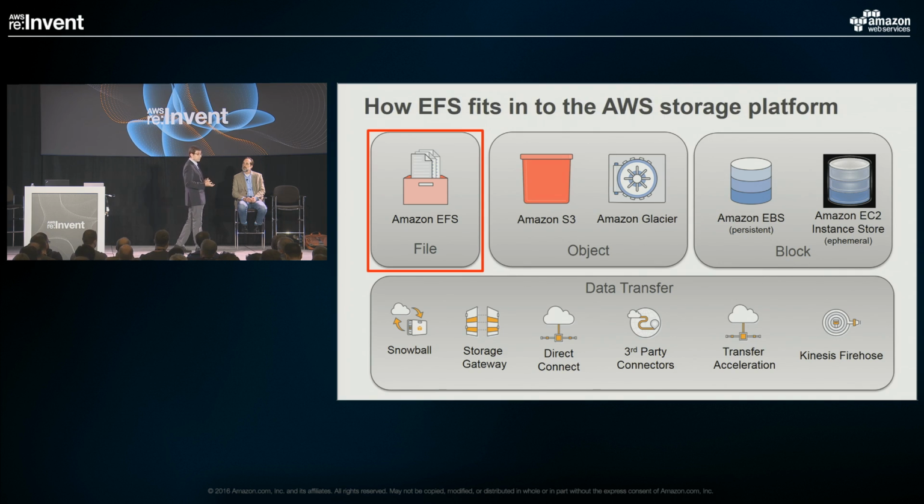When it's attached to an EC2 instance, your EFS file system acts just like a local file system would. And with EFS, you can attach your file system to one, a few, tens, hundreds, thousands of instances so that all of these instances have access to the same set of data. And there's strong consistency across the accesses for operations across those instances.